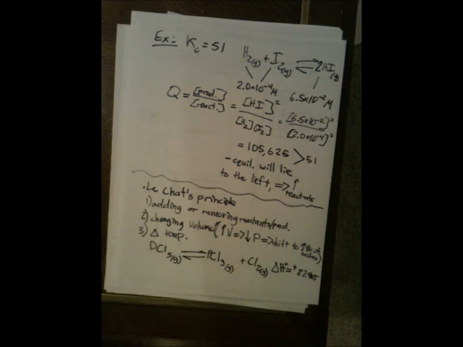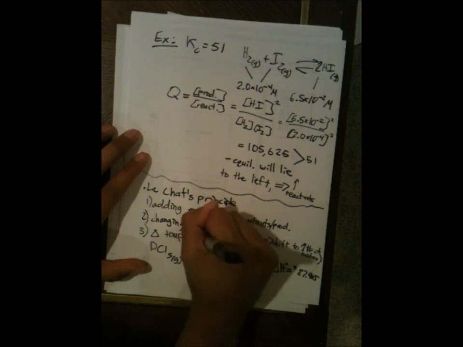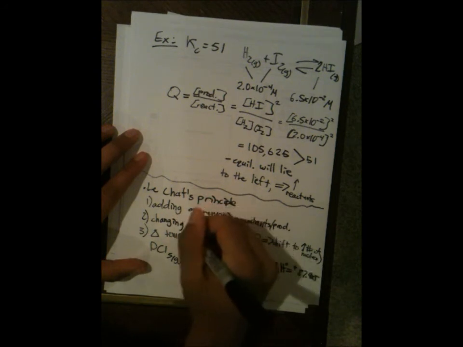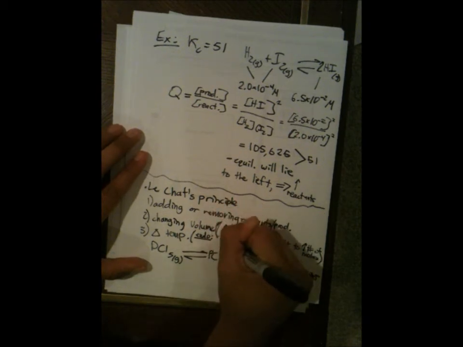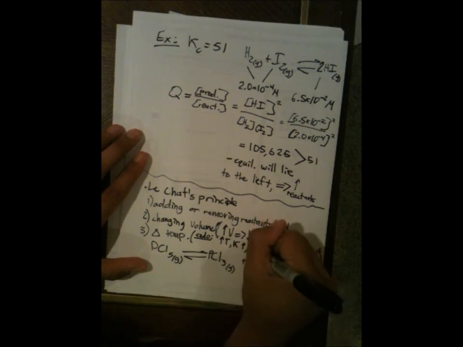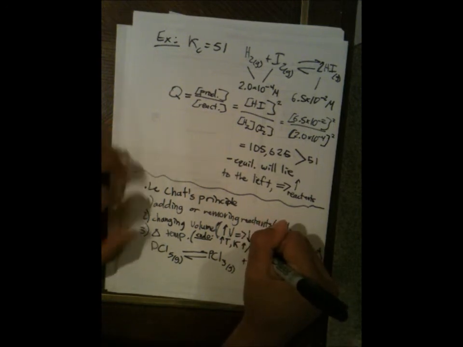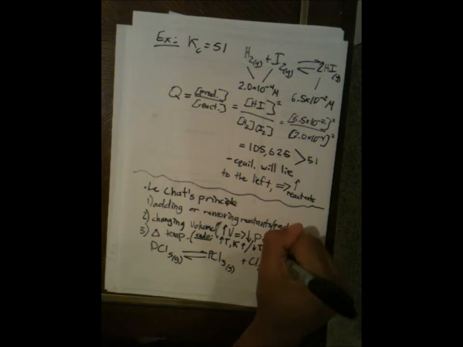Now, the final one is changing temperature. When the reaction is endothermic, and you increase the temperature, the K will increase. And then if you decrease the temperature, K will decrease.